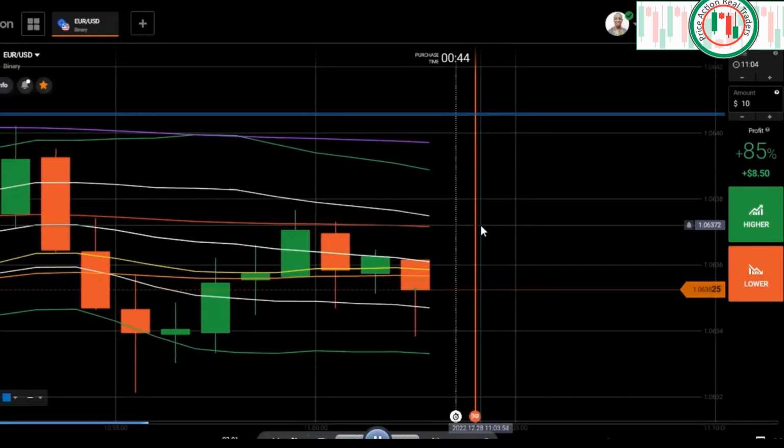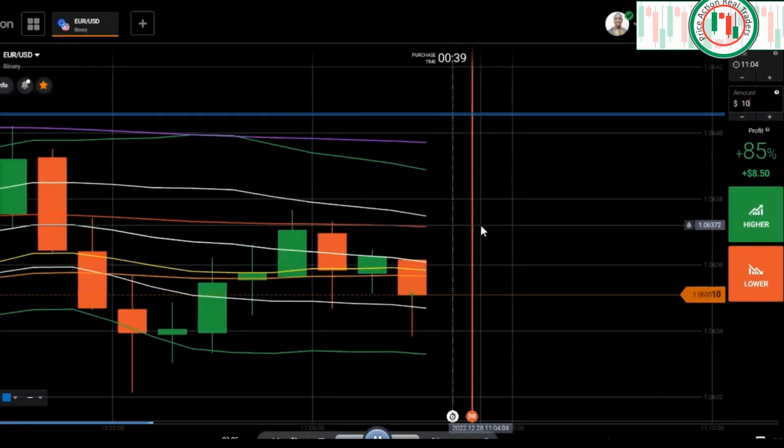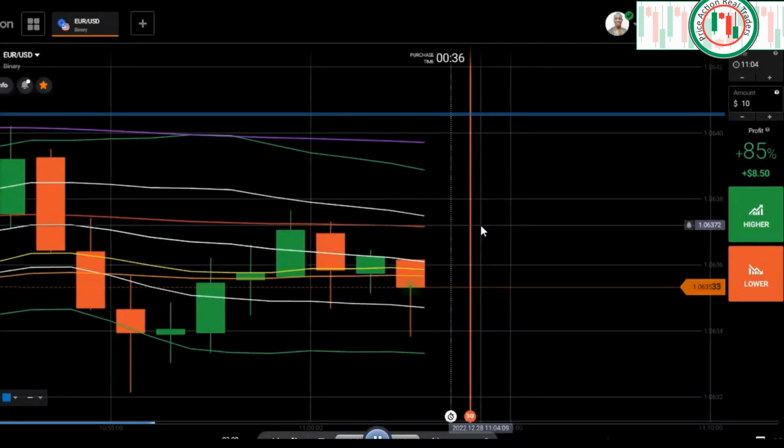So you see market is trying to create a hammer candlestick in confluence with engulfing. So I will place my trade on the next candle.